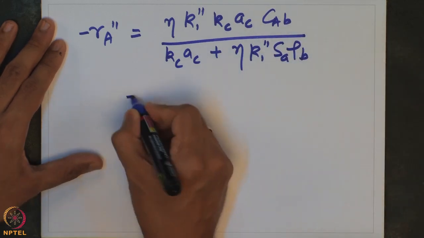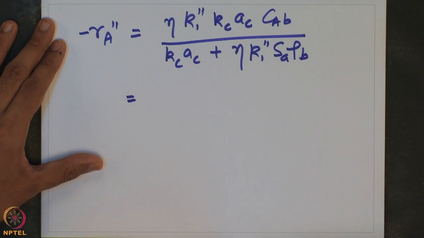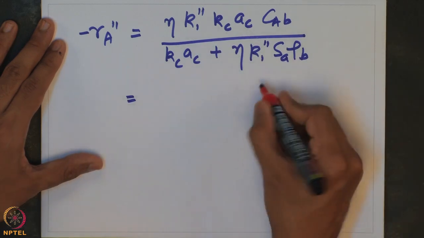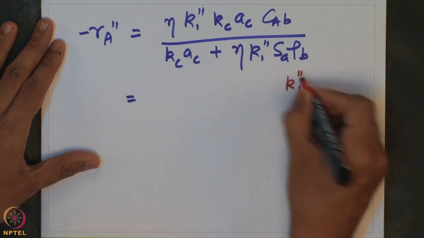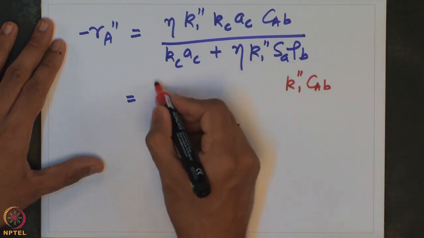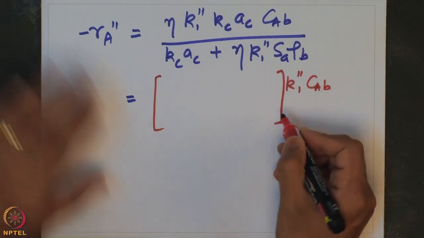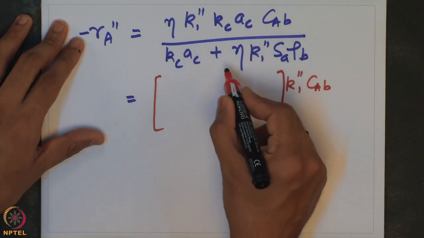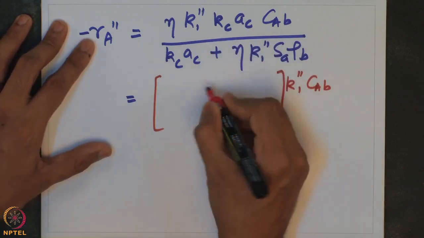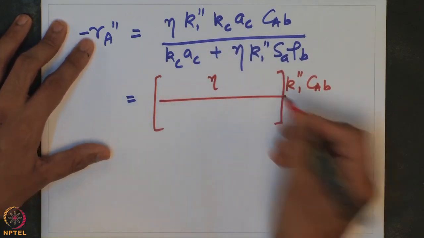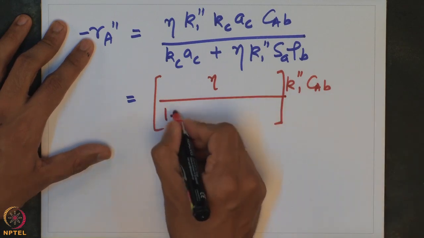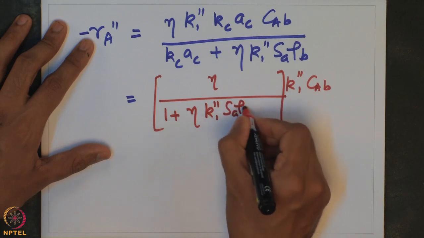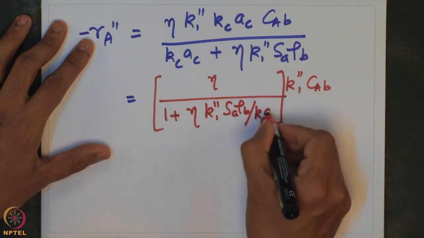Now, we can rewrite this in a slightly different manner. If I pull out K1 double prime into CAB outside, and divide the numerator and the denominator by Kc Ac, this can be rewritten as eta divided by 1 plus eta K1 double prime SA rho b divided by Kc into Ac.